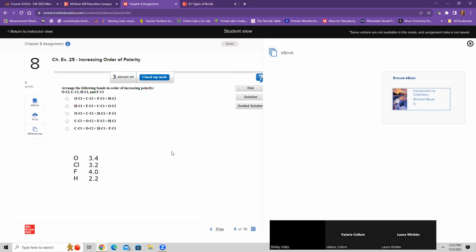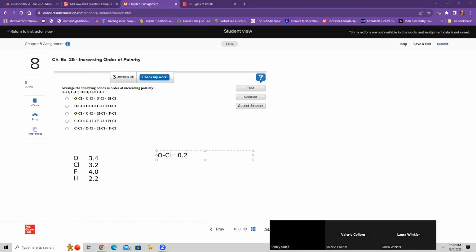All right, so O minus Cl is 0.2, right? Another table. Sorry, I'm trying to make tables. Okay, so O minus Cl is going to be equal 0.2, right?